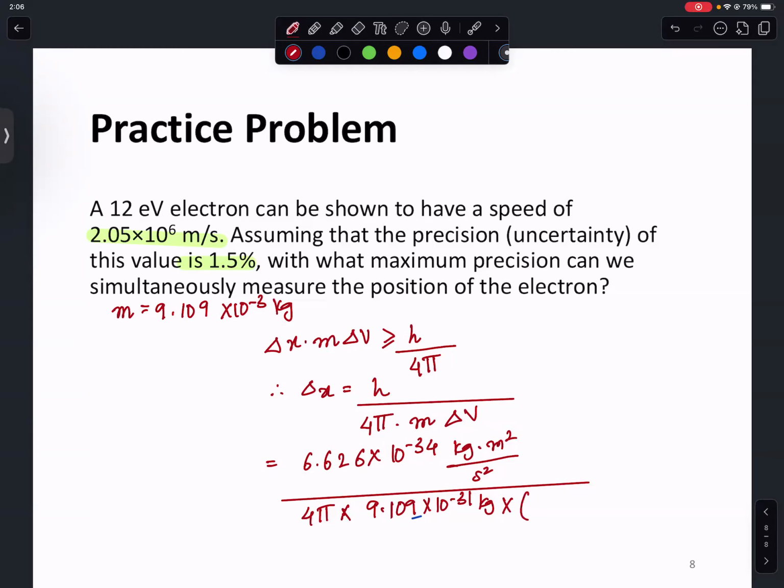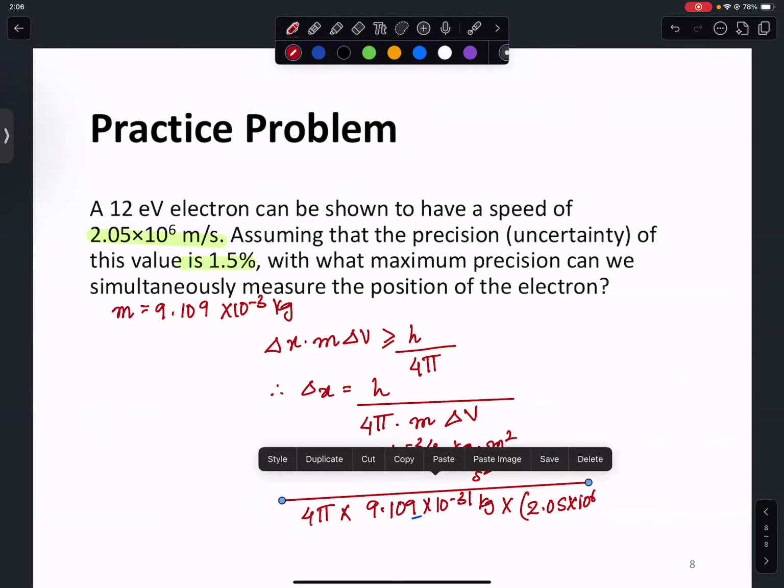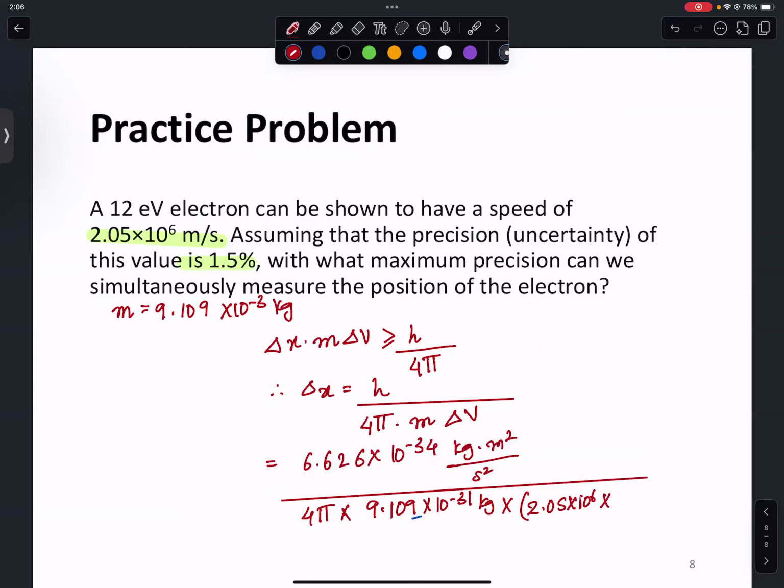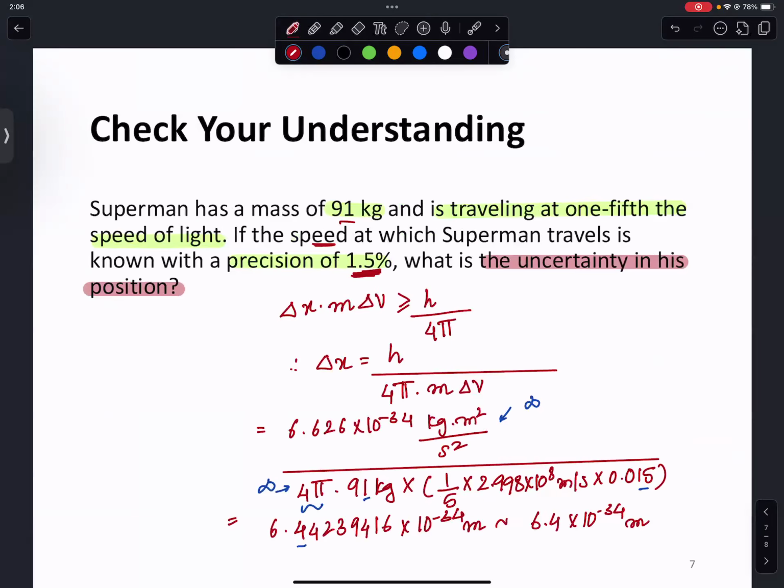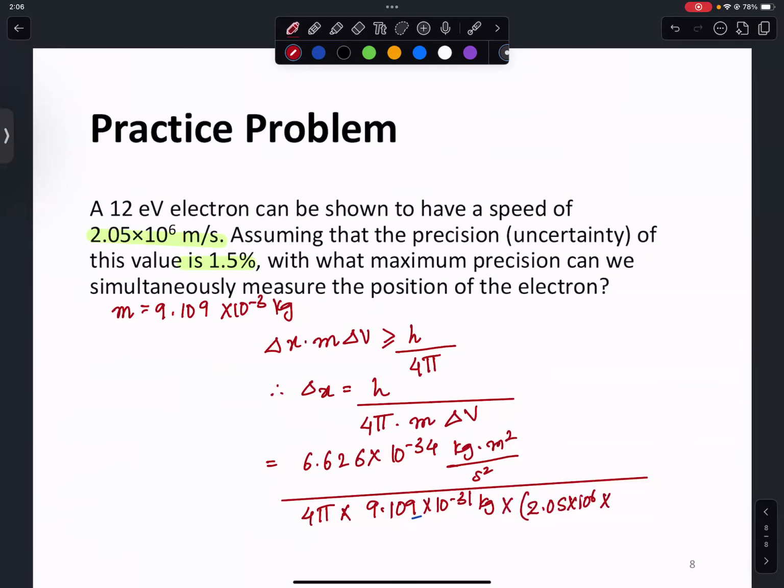The change in velocity right here, you have the speed, which is 2.05 times 10 to the sixth, times the precision, which is 0.015. So right here the smallest number of sig figs is 2. This is infinite sig figs.